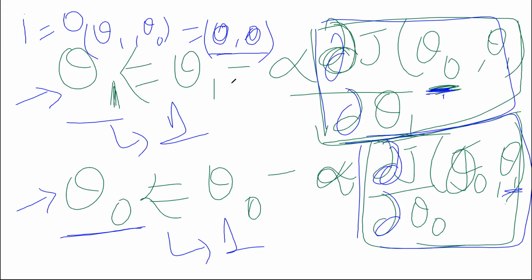Now this is your i equal to 1. So at i equal to 2, you have theta naught and theta 1 as 1, 1. Again you should update both theta naught and theta 1 for 1, 1.